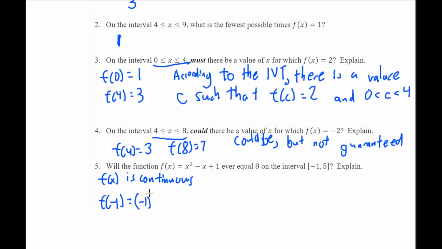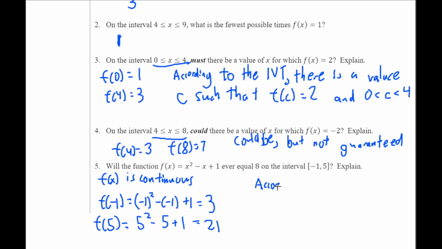That's negative 1 squared minus negative 1 plus 1, which is, sorry, 3. My bad. Because negative 1 squared is 1, plus 1, plus 1 is 3. And then f of 5 is equal to 5 squared minus 5 plus 1, which is equal to 21. So you see 8 is in between 3 and 21, and this function is continuous.